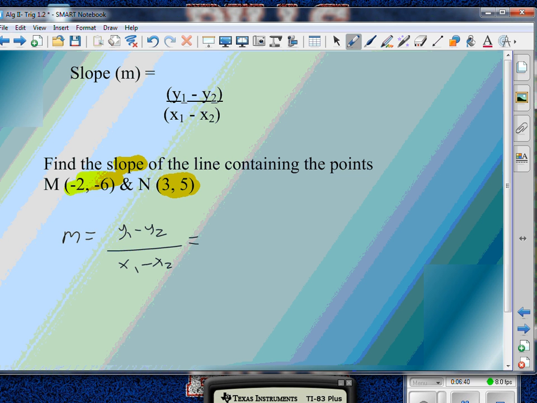What do you want to use as your first y value? 3. -2 and 3 do not work. Why not? They're x's, they're not y's. So, -6. So what does the other one have to be? -5.